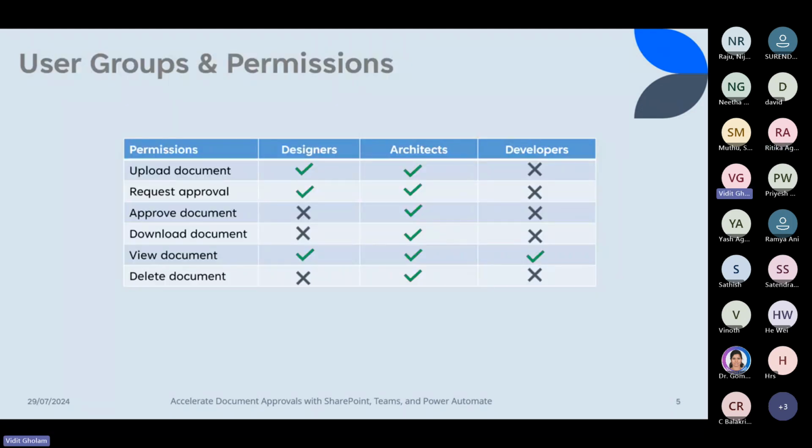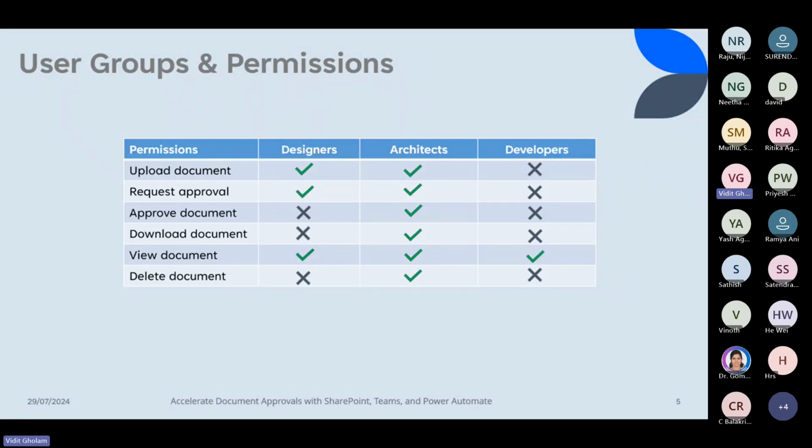So our SharePoint permissions would look something like this. The designers, who create documents, would have permission to upload and request approval. They won't have permission to approve or download any documents. They'll have permission to view, but not to delete any documents. The solution architects, on the other hand, will have all the privileges of a super admin inside SharePoint.